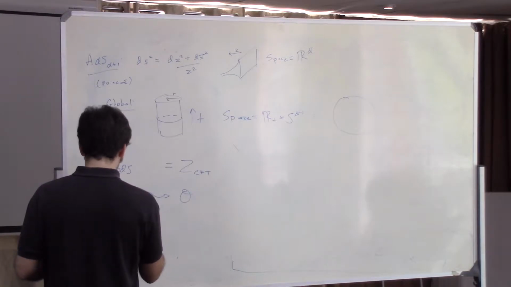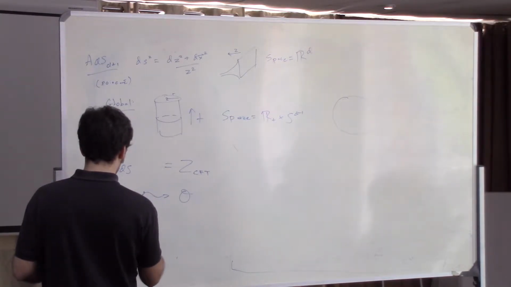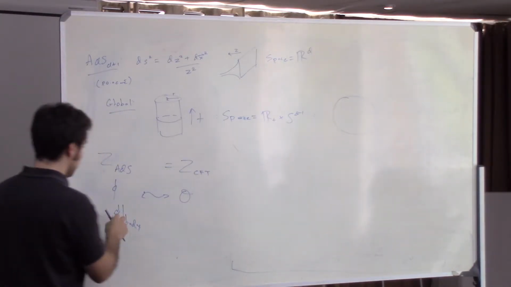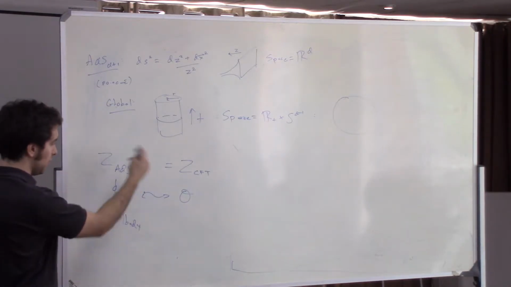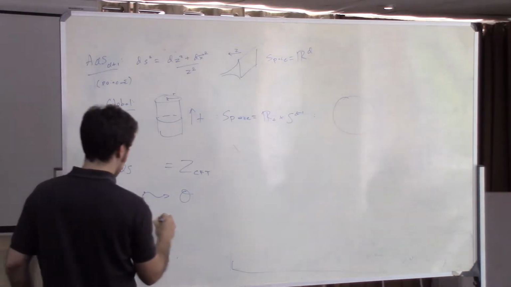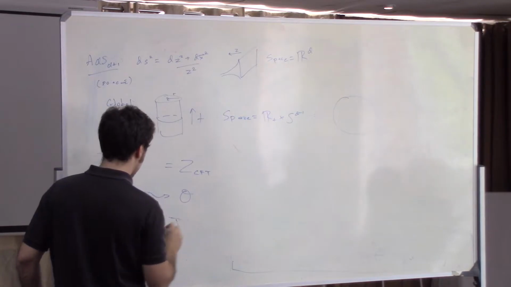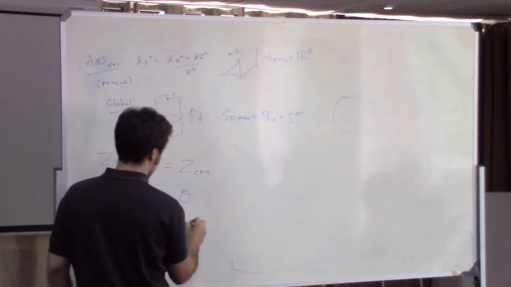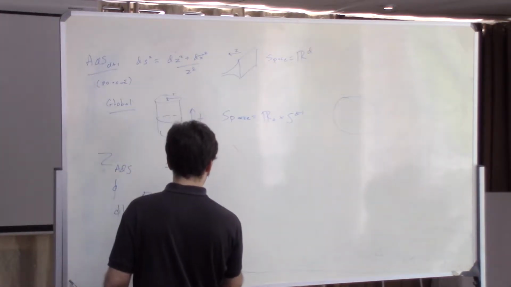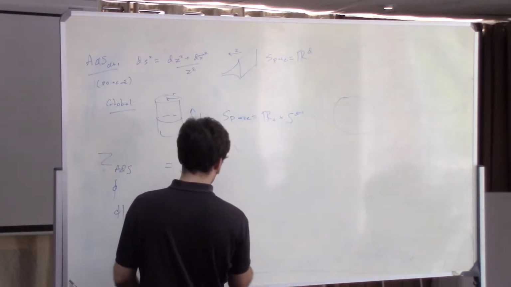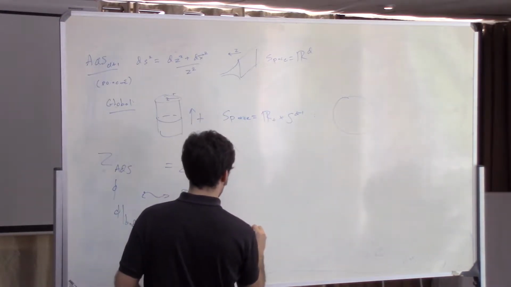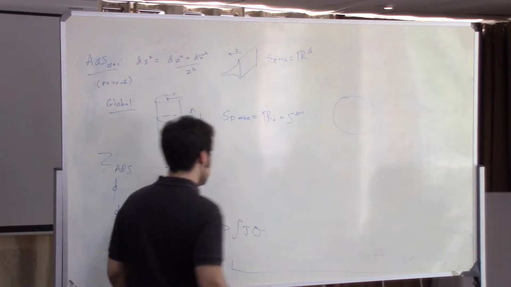Now, at the boundary of AdS, these bulk fields act as sources for the boundary operators O. So I can think of this boundary value of the bulk field as a source J, which couples to O by a term in the CFT action, which is roughly of the form JO.